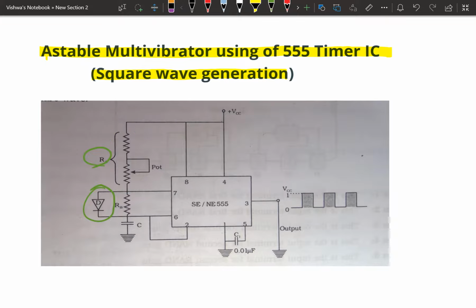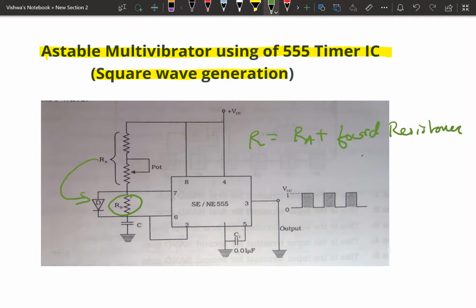Okay, what should be the condition here? Here the condition is that RB is equal to the summation of RA and the forward resistance of the diode. RB is equal to RA plus forward resistance of the diode, because this diode is in forward bias.